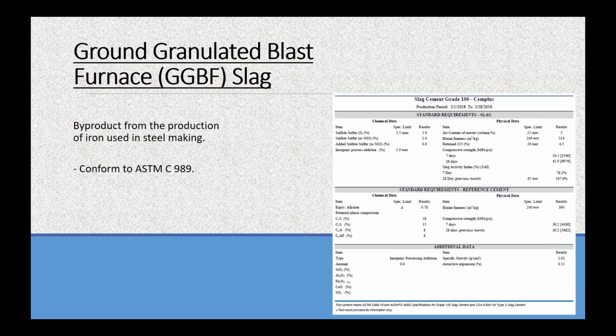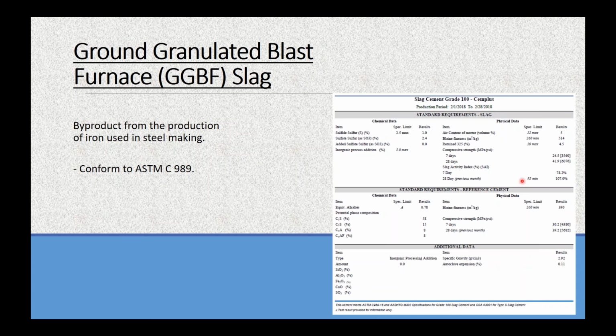The other common supplementary cementitious material is the granulated blast furnace slag, or slag is usually what we just call it. This is a byproduct from production of iron during the steelmaking process, and this needs to conform to ASTM C989.